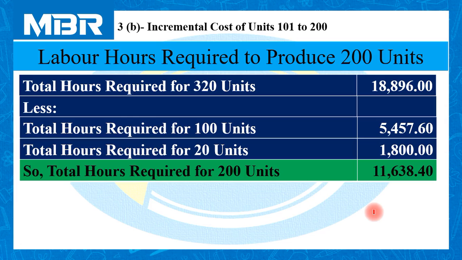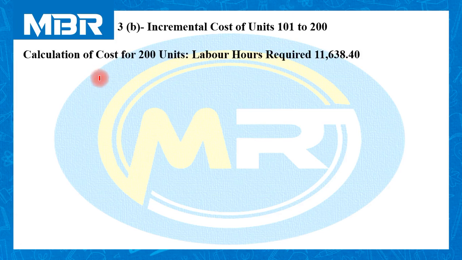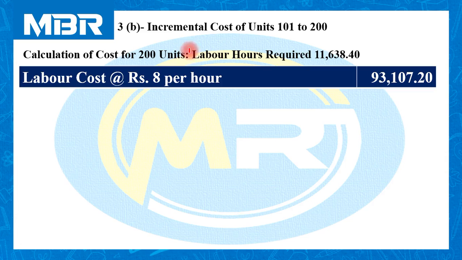Now, using this information, we can easily calculate labor related cost. Calculation of cost for 200 units, and for these 200 units of manufacturing, we need labor hours of 11,638.4. Labor cost for 200 units at the rate of rupees 8 per hour, we have labor hours 11,638.4.